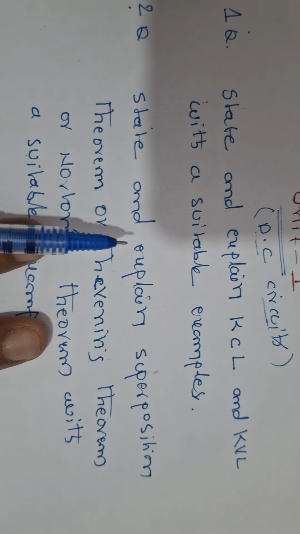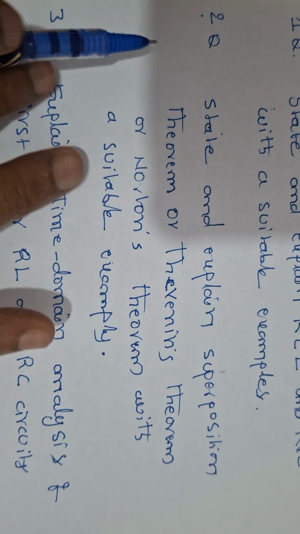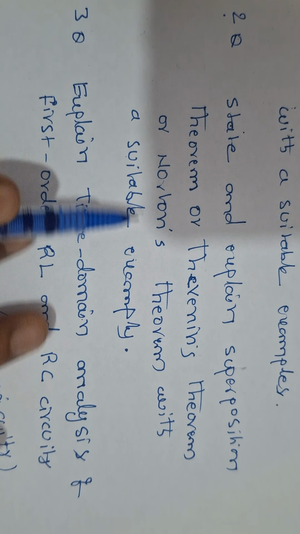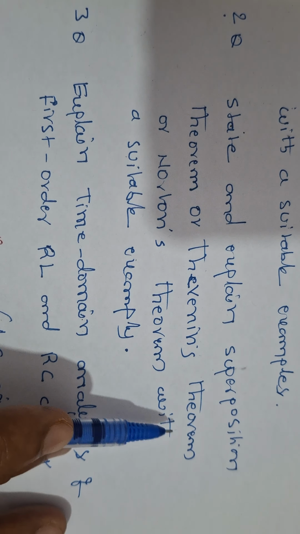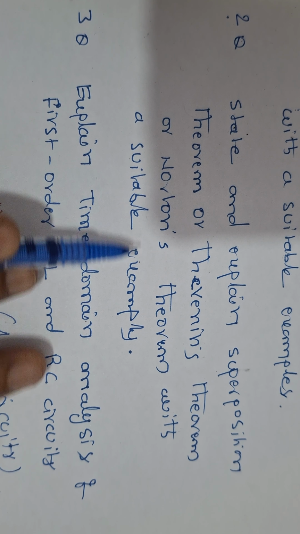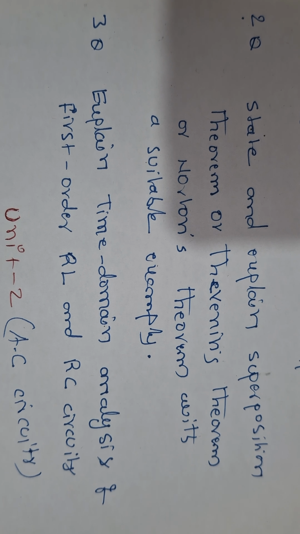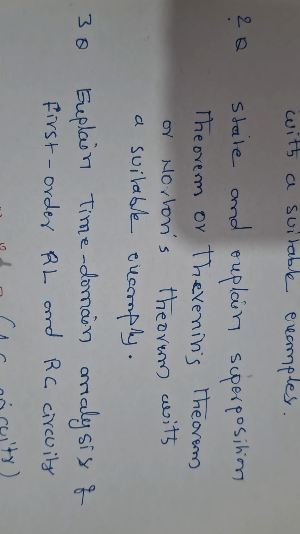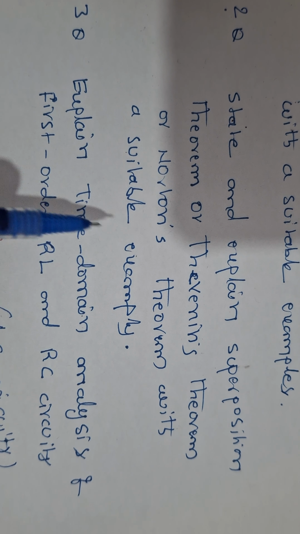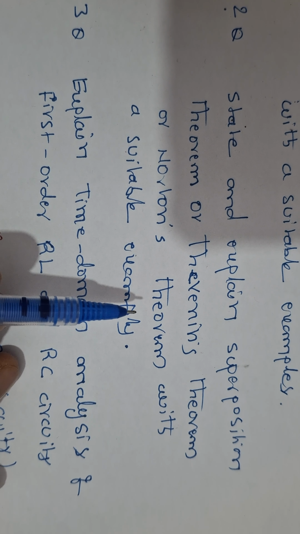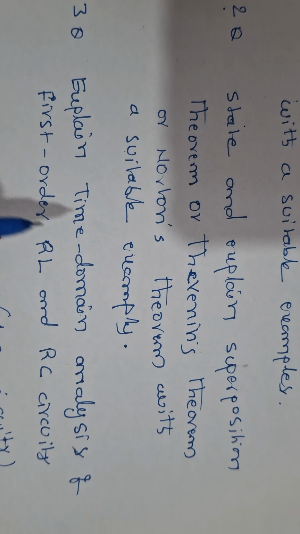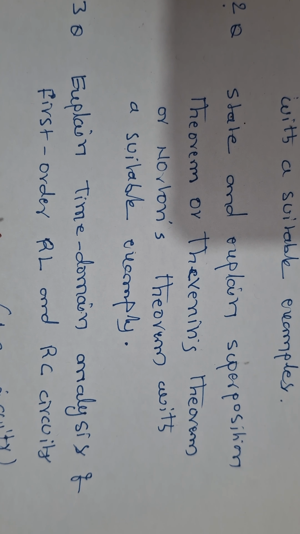Second question: state and explain the superposition theorem, or Thevenin's theorem, or Norton's theorem, with suitable examples. Here you are supposed to explain the theorems and take suitable diagrams. I didn't draw the circuit diagram here, so be careful and take it from a textbook or any other source you select.